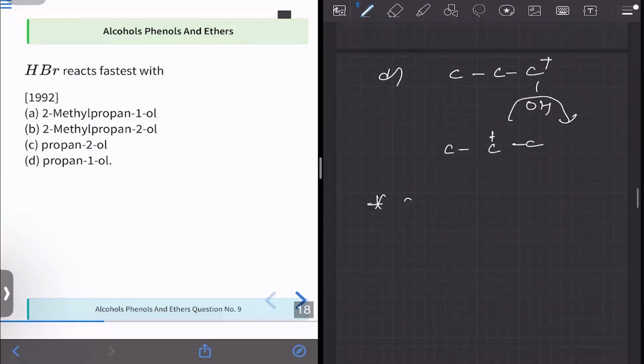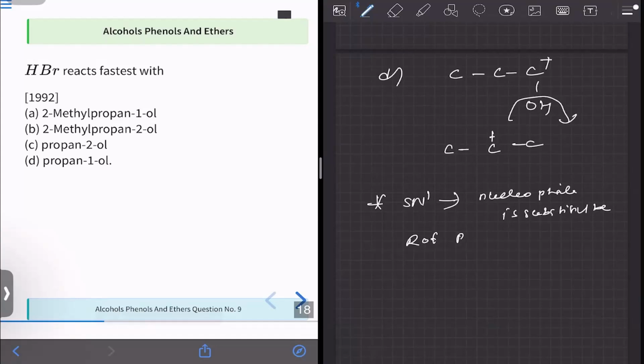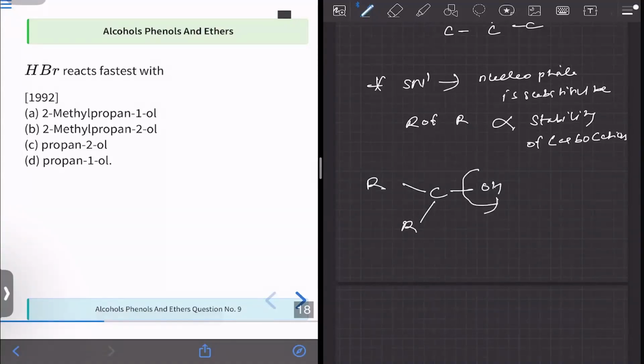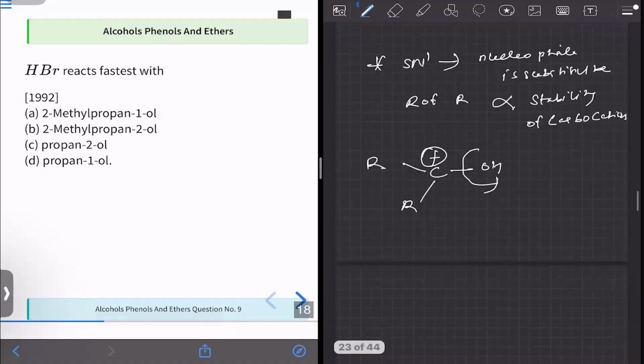We all know that SN1 is a reaction where a nucleophile is substituted. In an SN1 reaction, the rate of reaction is directly proportional to the stability of the carbocation. We all know that, for example, in this case, R-OH, whenever it releases, it produces a secondary carbocation.